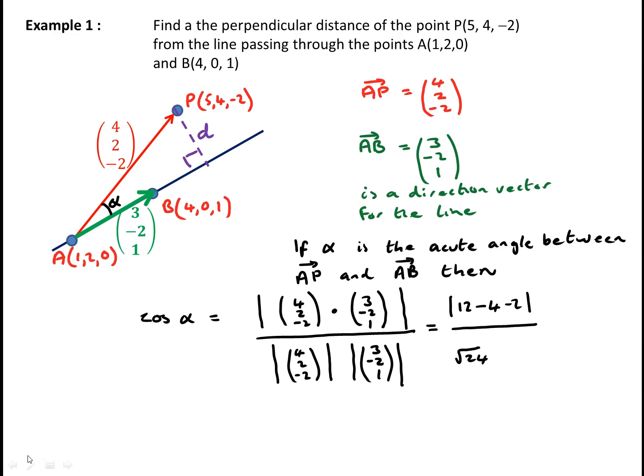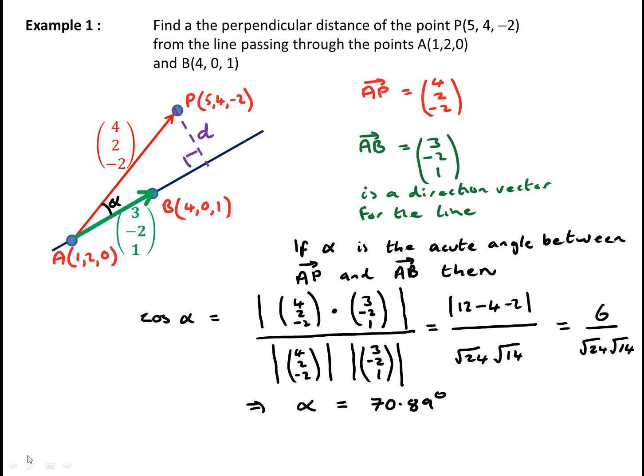And multiply that by the magnitude of the vector (3, -2, 1), which is the square root of 3 squared plus -2 squared plus 1 squared, which is the square root of 9 plus 4 plus 1, so that's the square root of 14. So I've got cos alpha is equal to 6 divided by root 24 times root 14. Using my calculator now, that tells me that alpha must be 70.89 degrees.